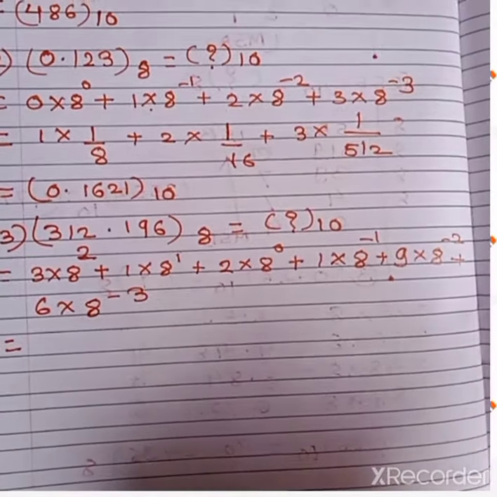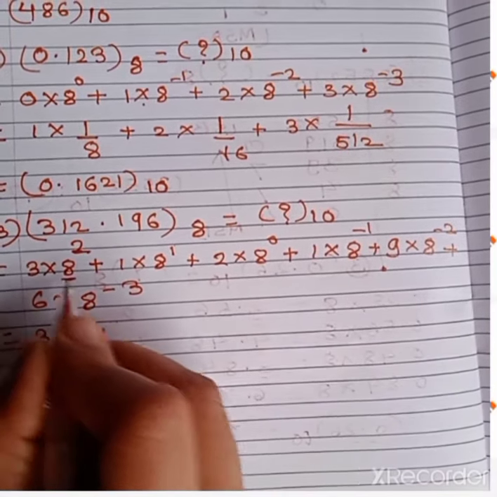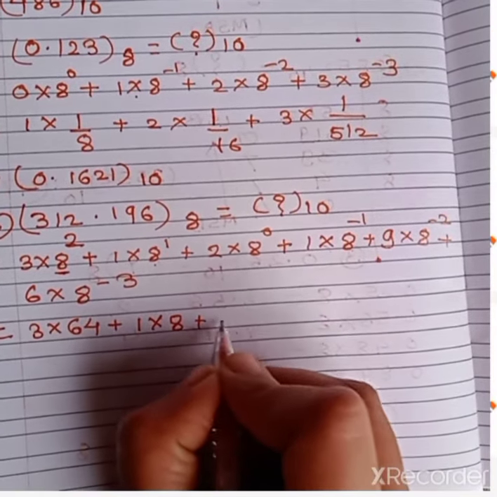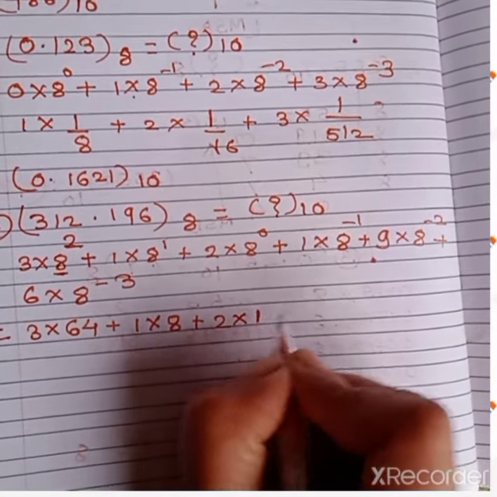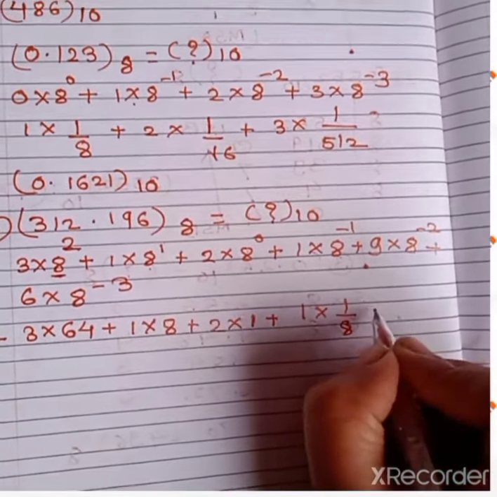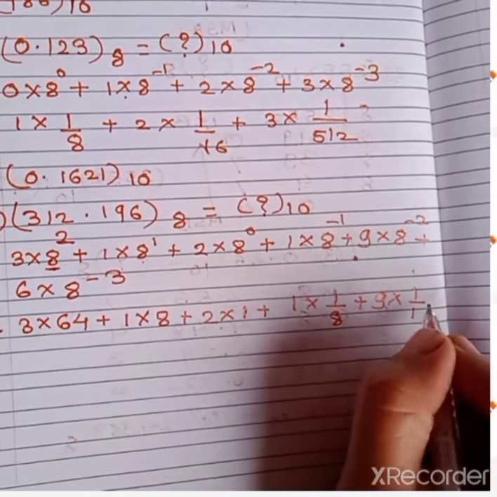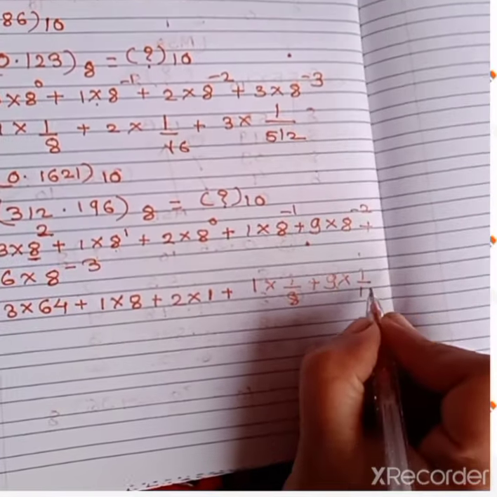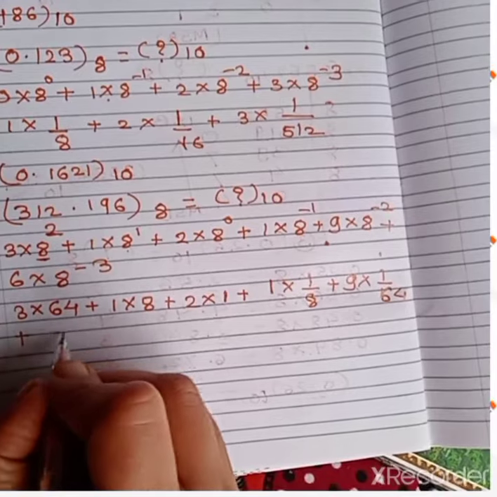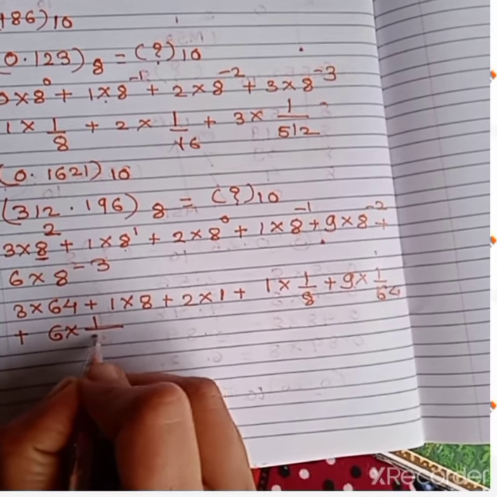So do it with calci. 3 into 64, 8 raised to 2 means 3 into 64 plus 1 into 8 raised to 1, 8, plus 2 into 8 raised to 0 means 1, plus 1 into 1 upon 8 plus 9 into 1 upon 64 plus 6 into 8 raised to 3 means 1 upon 512.